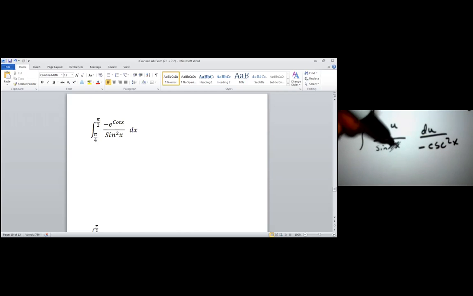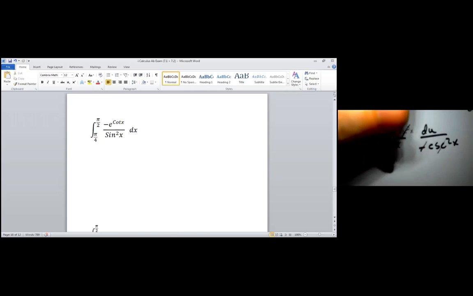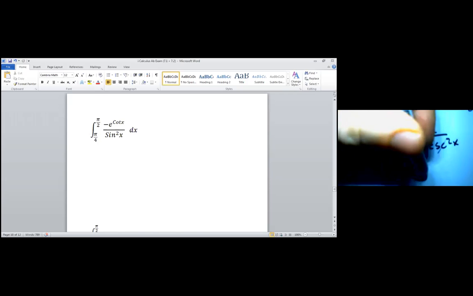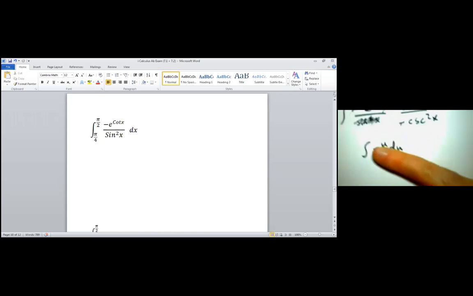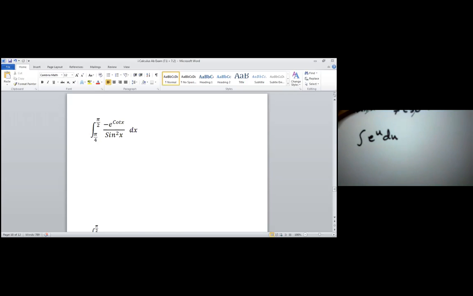If I scratch this out and bring it up top, it becomes its reciprocal, and the reciprocal of sine is cosecant. So now you can see the negative signs are going to cancel, the cosecant squareds are going to cancel, and that just leaves me with e to the u du. We still need to integrate all that. But before we get any further, does anybody have any questions on the setup before we integrate and plug in?